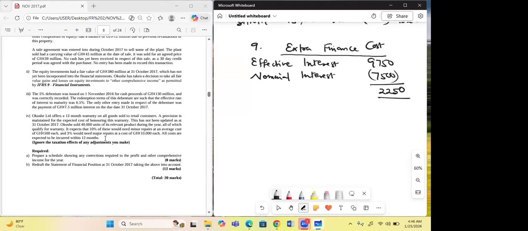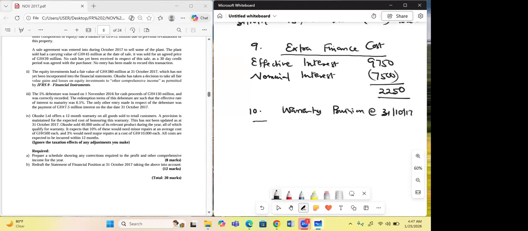Now, this is IAS 37 provisions. It says that such items, like warranty provisions, are small items and they have to be measured using expected values. True. So we will calculate the warranty provision at the year end of 31st October 2017.